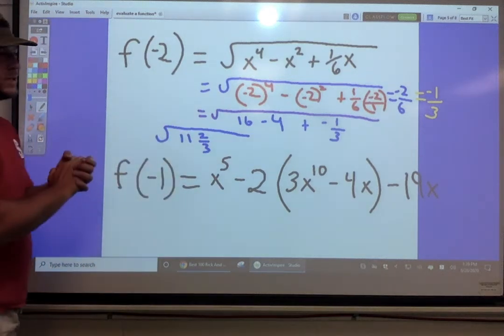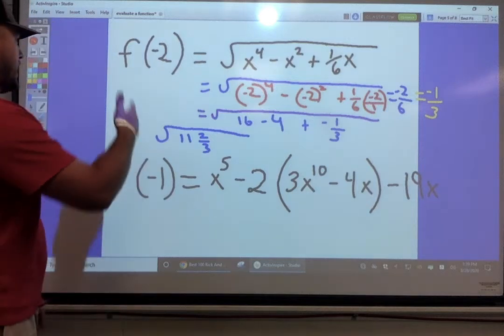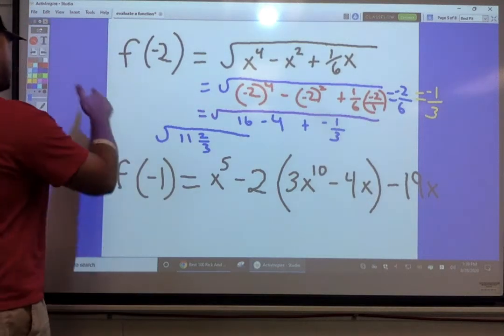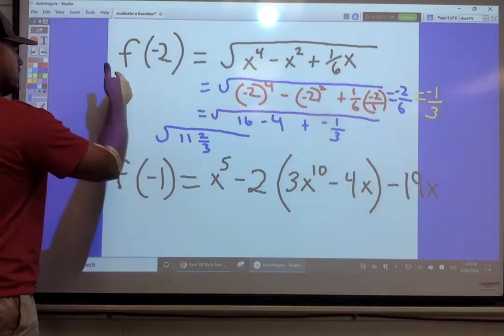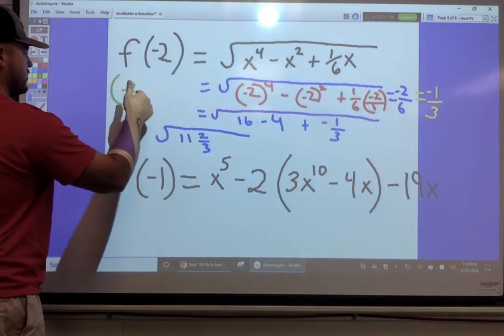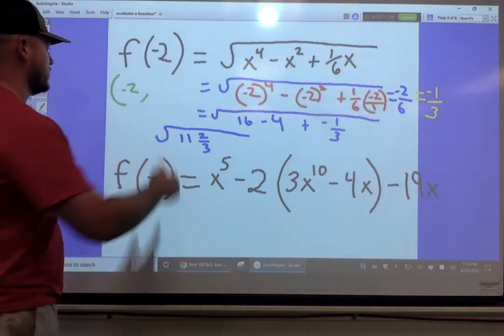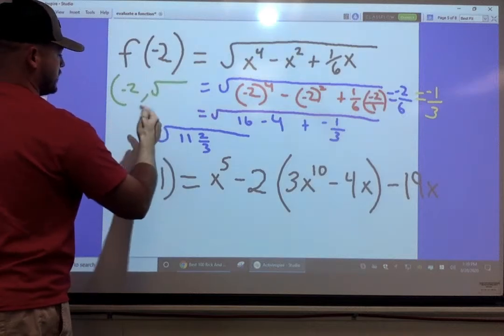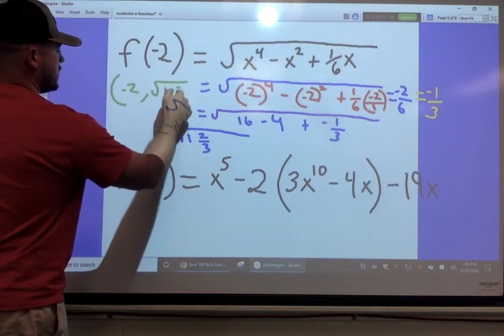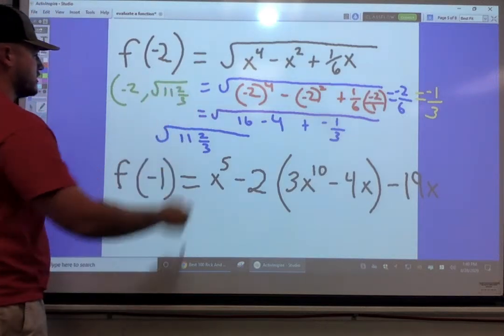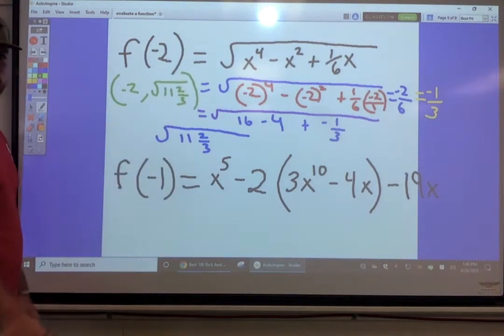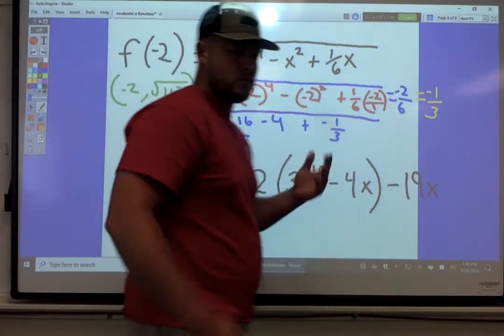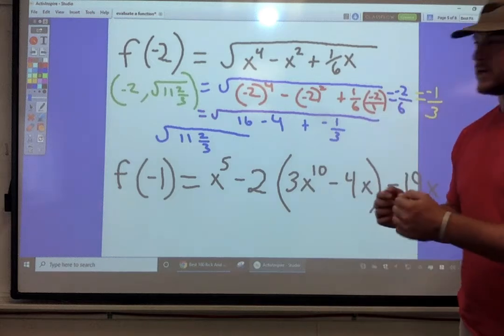So if we wanted to put this in coordinate form, when x is at -2, our y value is at the square root of, sorry if you didn't hear me, the square root of 11 and 2/3. Right? Yes, that would be a decimal answer. You could find the exact decimal answer if you wanted to use your calculator.